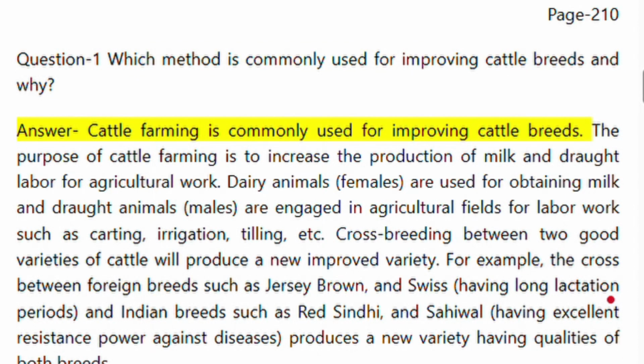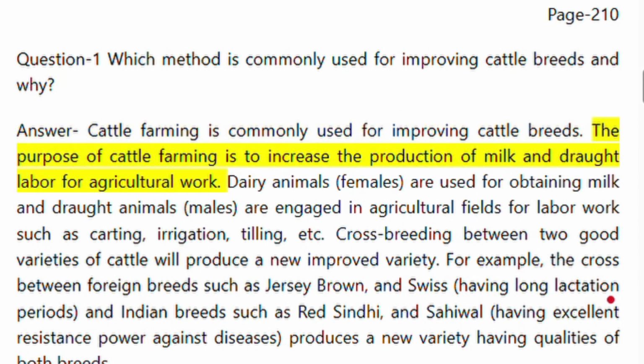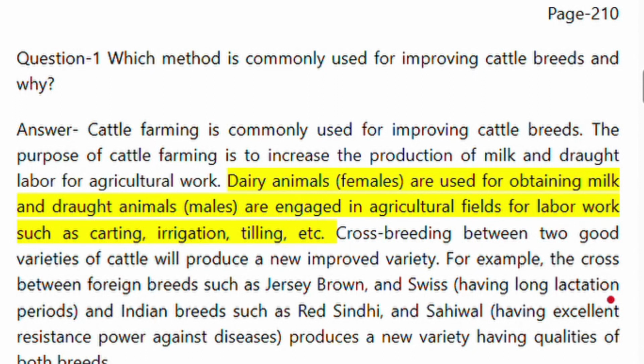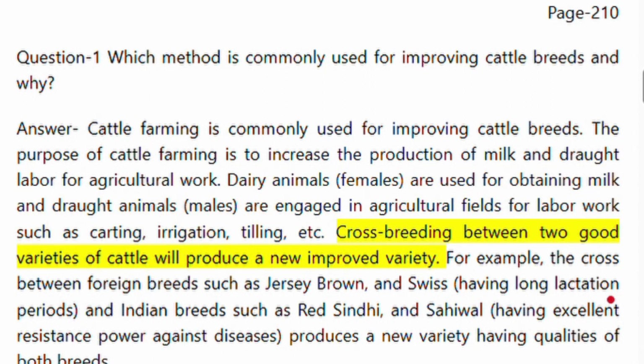Answer. Cross breeding is commonly used for improving cattle breeds. The purpose of cattle farming is to increase the production of milk and draught labor for agricultural work. Dairy animals, females, are used for obtaining milk and draught animals, males, are engaged in agricultural fields for labor work such as carting, irrigation, tilling, etc. Crossbreeding between two good varieties of cattle will produce a new improved variety.